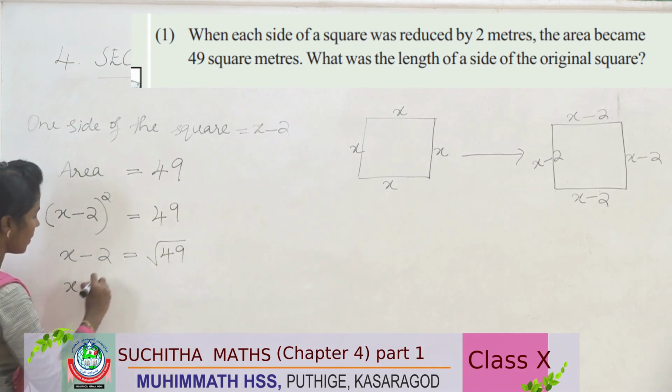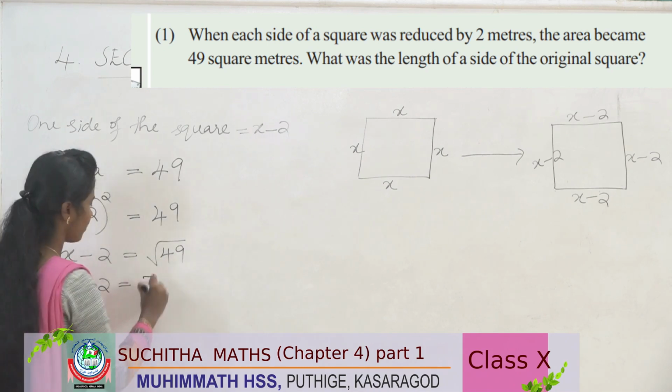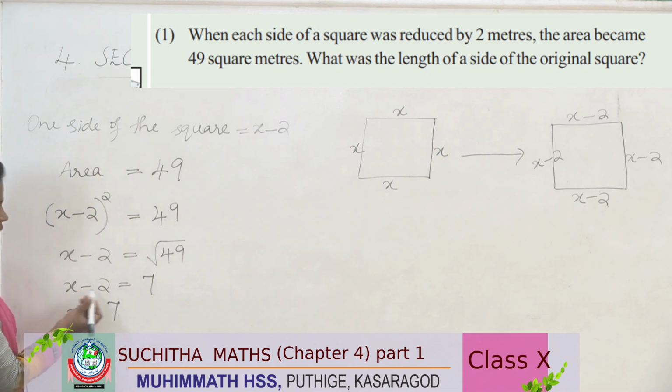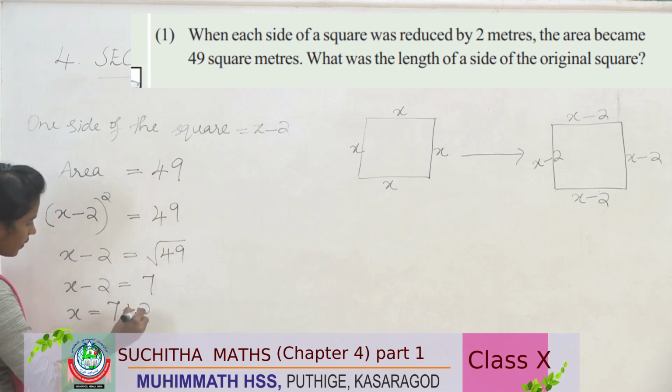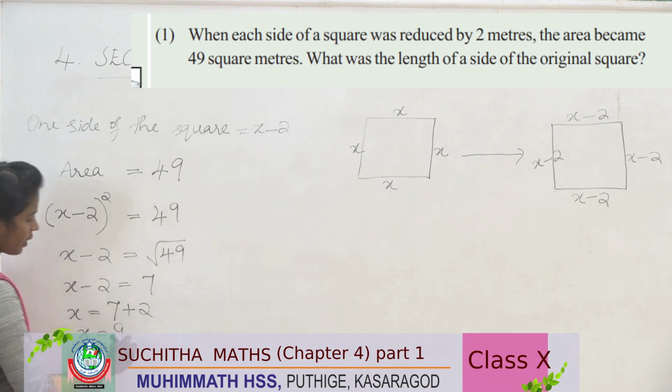That is x minus 2 equals the square root of 49, which is 7. So x equals 7 plus 2, equal to 9. So x equals 9.